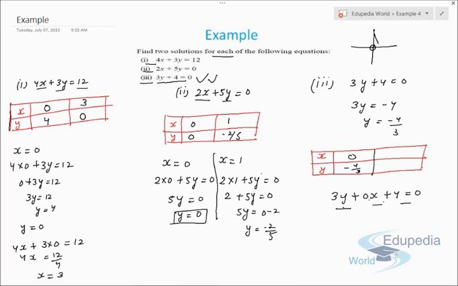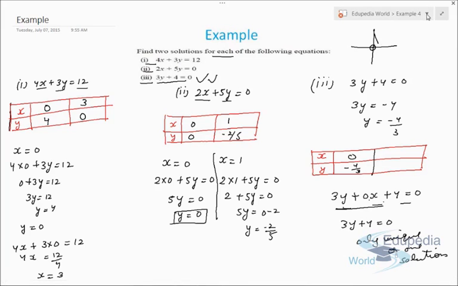First you need to check whether we are dealing with an equation in two variables or one variable. Let me repeat again: equations like 3y plus 4 equals 0 will have only one unique solution.